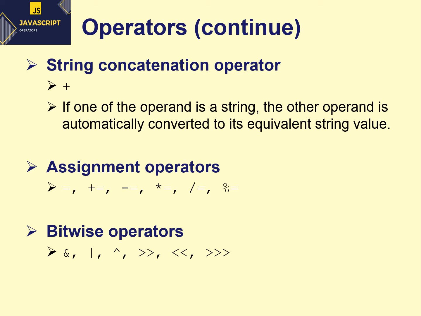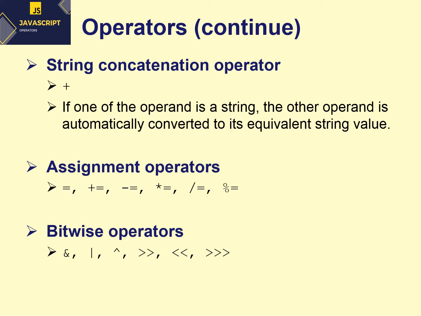Then bitwise operators are there. Bitwise AND, bitwise OR, and bitwise operations like left shift and right shift. This is the difference between logical operators and bitwise operators.